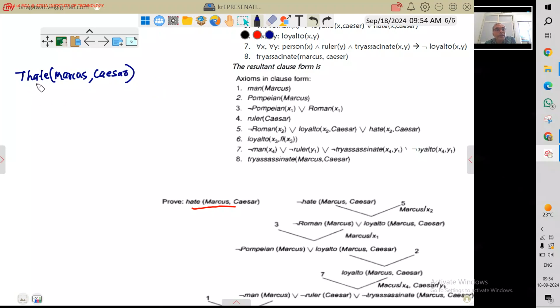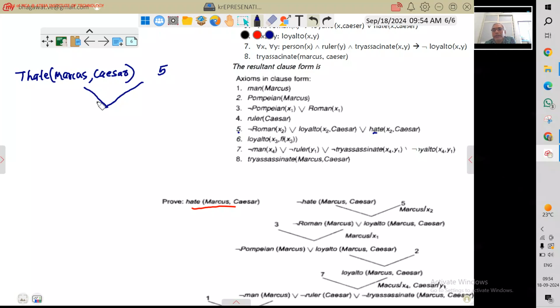Here we have the predicate hate. Now from my knowledge base, I will check where I can apply the concept of resolution. You can see in the first clause we don't have hate; Pompeian is there. If you keep on looking, you see that in my fifth clause there is hate. So I will consider my fifth clause and try to do the resolution.